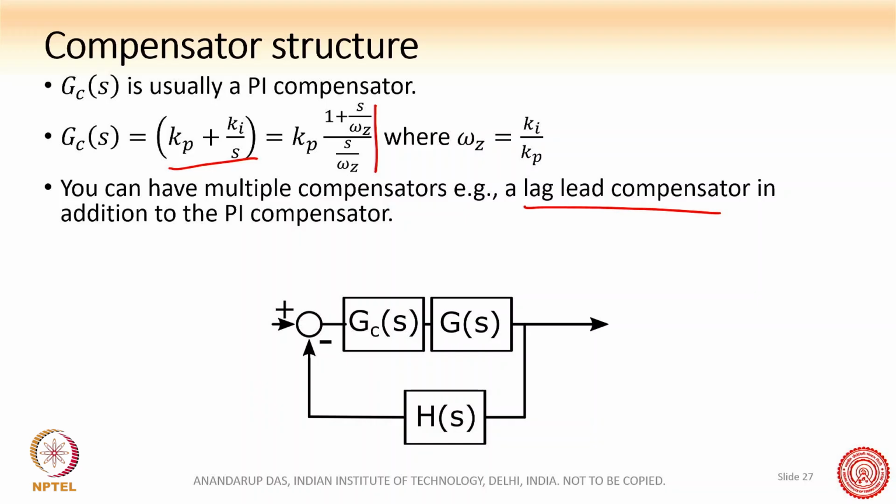By adding these kind of lag lead compensators. This is useful in many other power electronic converters. For example, in DC-DC converters, sometimes we use a lag lead compensator in addition to a PI compensator. Sometimes we cancel some of the poles and zeros by this. But in this VSC example, a PI controller is sufficient, okay?